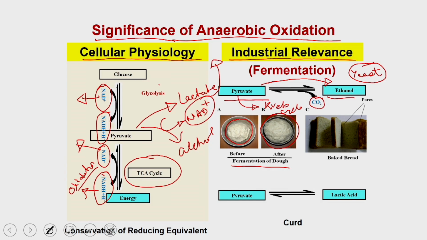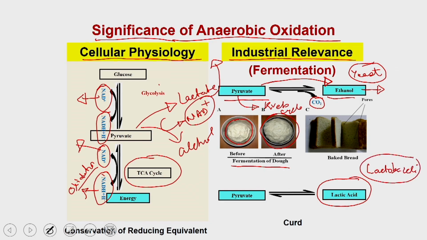In the alternate pathway, you can also convert the pyruvate into alcohol, and that alcohol can be used for producing different types of beverages. Similarly, in another pathway, when the pyruvate is getting converted into lactic acid, this is very often found in another bacteria called lactobacilli.